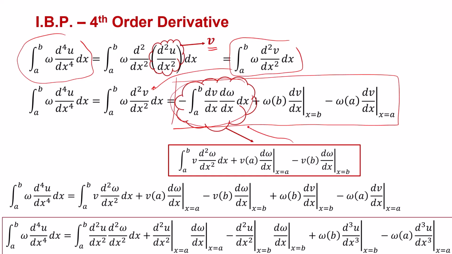So if I replace this here, the main integral would be equal to the integral of v d2w over dx2 from a to b plus va dw over dx at x equal to a minus vb dw over dx at x equal to b plus wb times dv over dx at x equal to b minus wa dv over dx at x equal to a. Now I just replace back v with its original value d2u over dx2 in this equation.